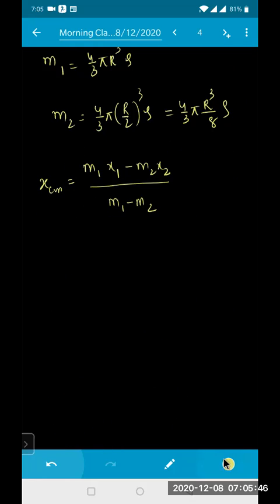Okay, now just substitute the values. This will be equal to 4/3 pi into r cube into density rho, at the origin first, minus next one, which is 4/3 pi r cube divided by 8 into rho into distance.